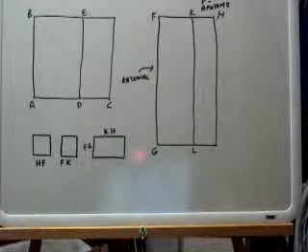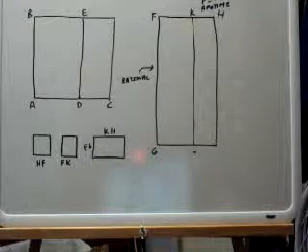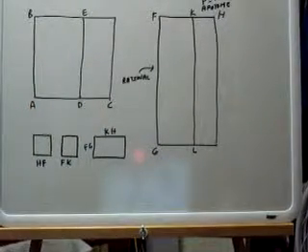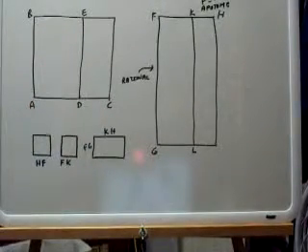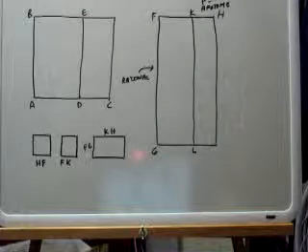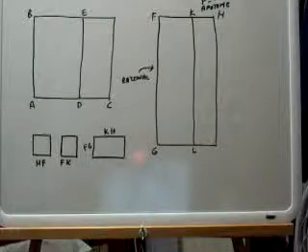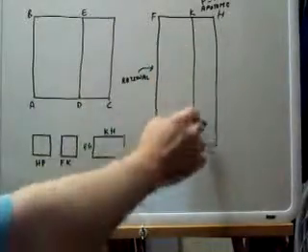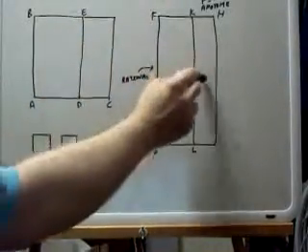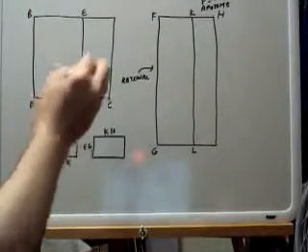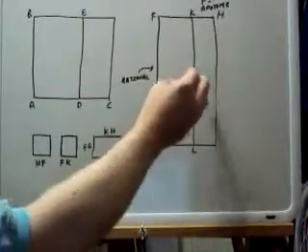Now we need the side on EC. Well, what is the side on EC? Well, EC, this area here, is equal to, I believe that that area is equal to this. This area is equal to this. So, how do we find the side on EC? We find the side over here.